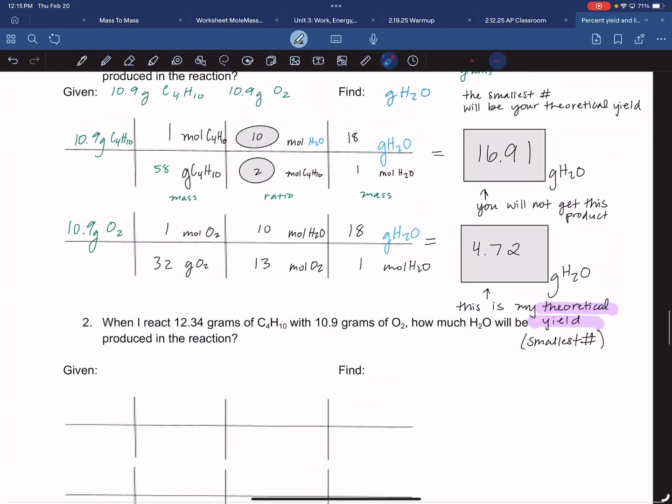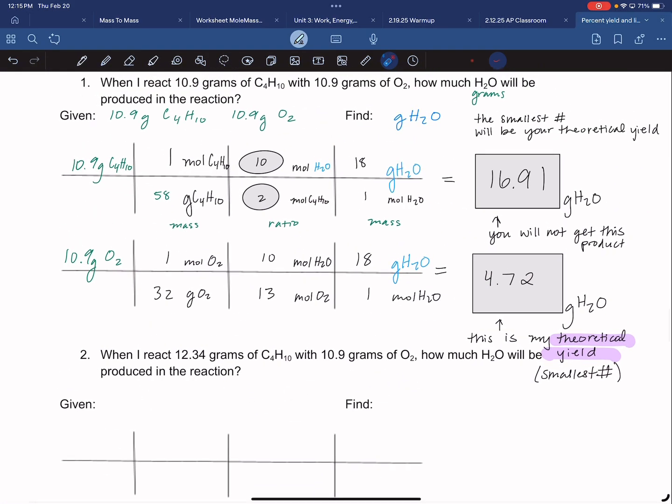Along with saying that this small number will be your theoretical yield, we're going to look at our reactants, our O2 and C4H10. The one that produced the smallest amount of product is going to be your limiting reactant.